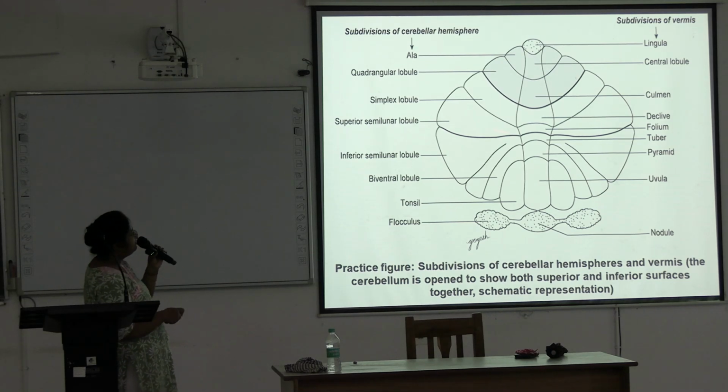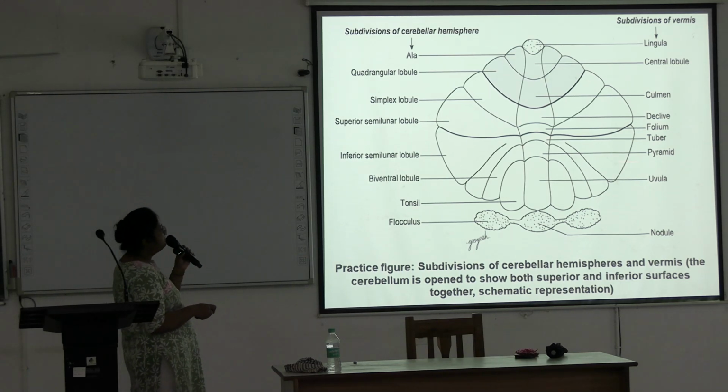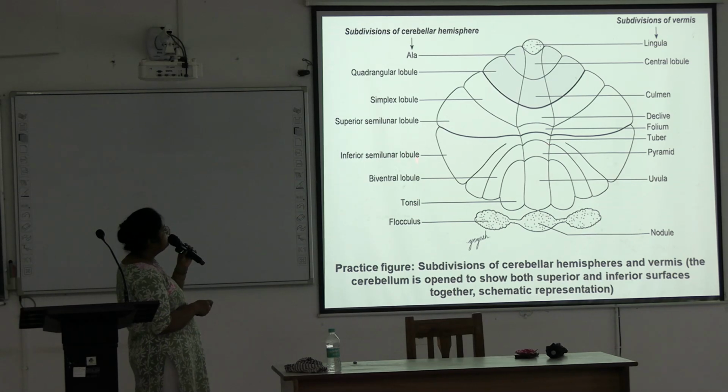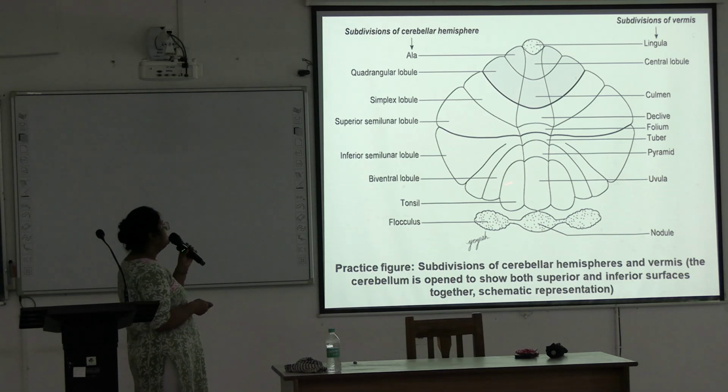Next we are getting the horizontal fissure. Here we are getting the fissura prima. Here is the horizontal fissure. Below the horizontal fissure, the part of the vermis is the tuber, and in the cerebellar hemisphere you are getting the inferior semilunar lobule on the inferior surface. Next you are getting the pyramid. Corresponding to the pyramid is the biventral lobule, and here is the uvula.